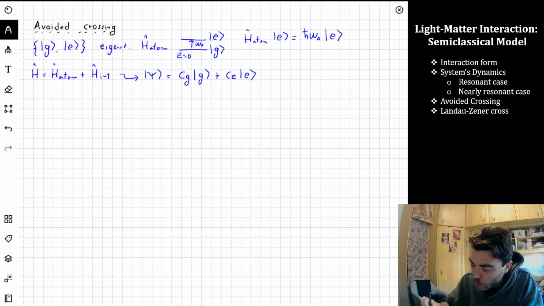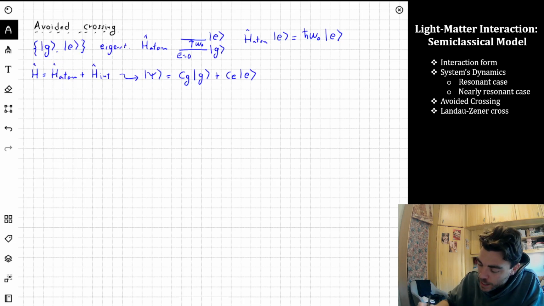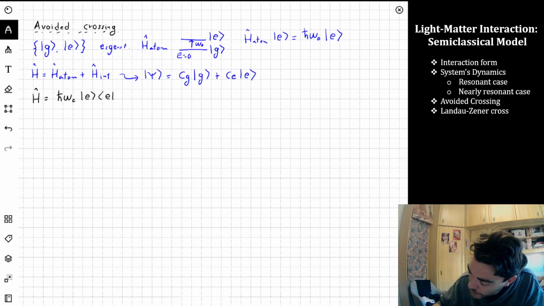Now, a little detour. For diagonalizing this Hamiltonian, it's nice to take the Hamiltonian in an easier way. If you remember, the Hamiltonian of our system was h bar omega 0 times the projector on the excited state, plus h bar capital Omega divided by 2 times sigma minus e to the minus i omega t plus sigma plus e to the i omega t, something like that.